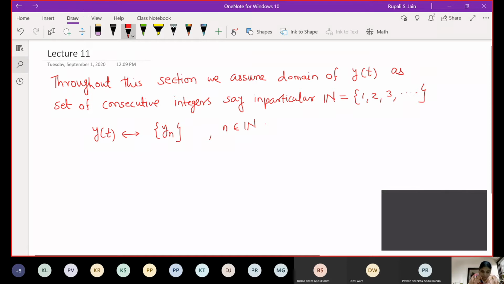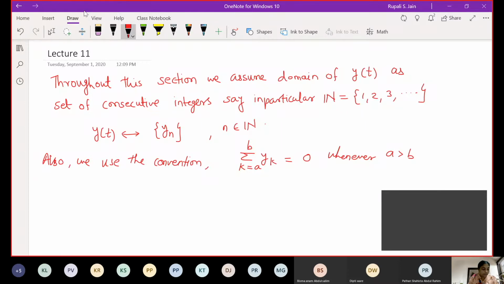Also we will use the convention: summation k equals a to b of y_k is equal to 0 whenever a is strictly greater than b. Usually we write summation with increasing points. So when my starting point a is strictly greater than b, then whatever finite sum we are taking, we will consider as 0.